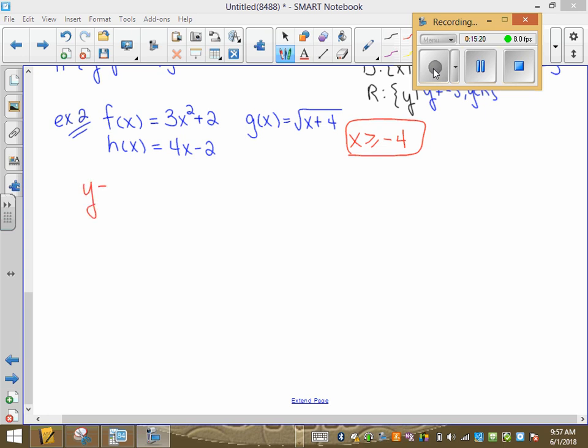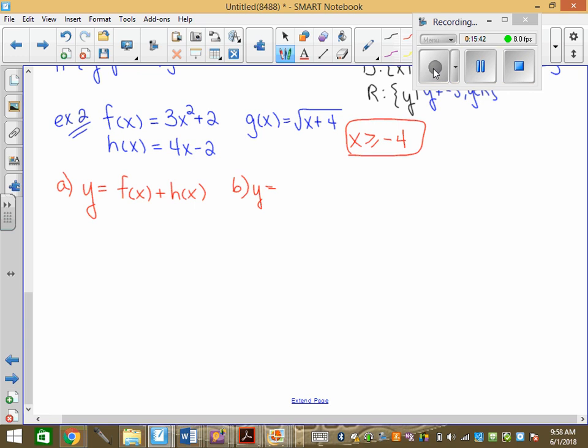So I want you to do y equals f of x plus h of x. For A, I want you to write it out, and then give me domain and range. B, I want you to do y equals g of x minus h of x.